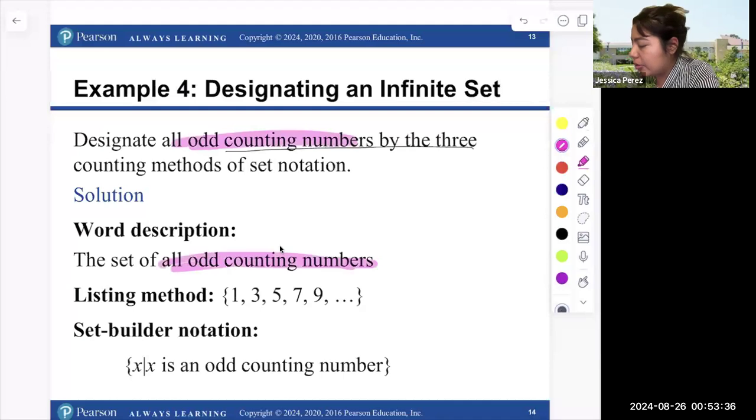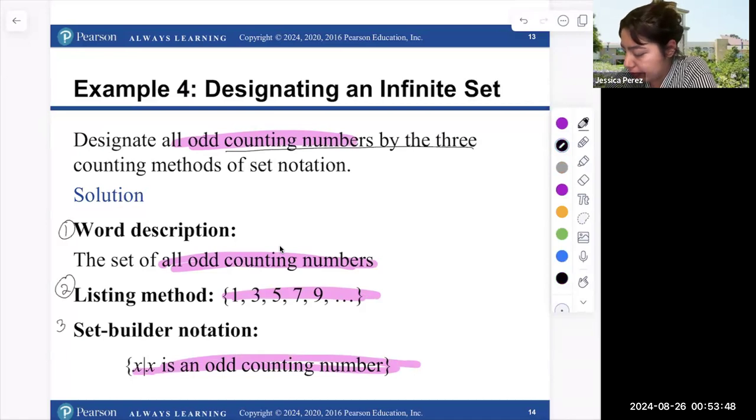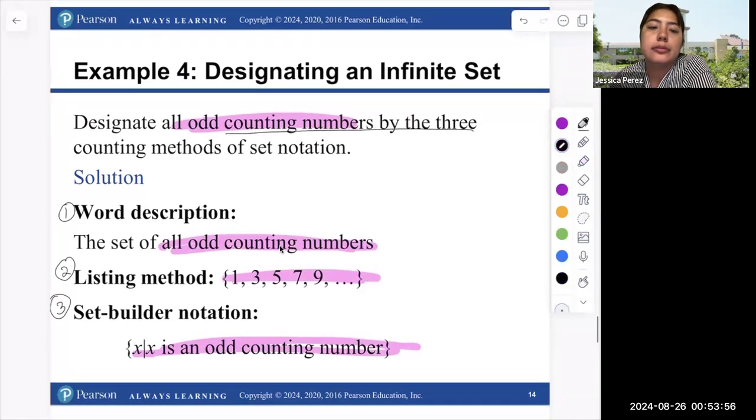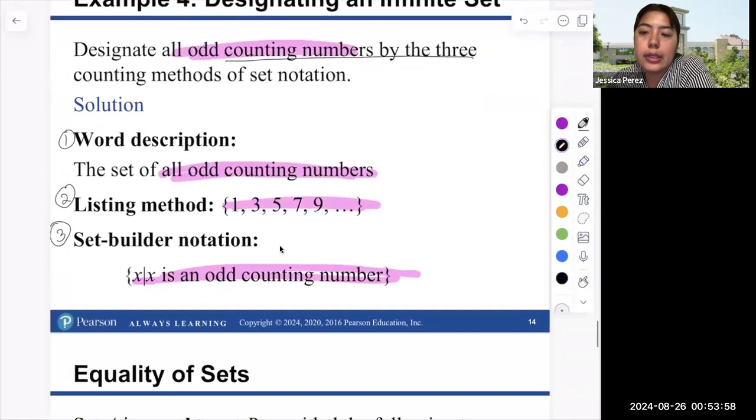So pretty much using an example, we were able to write our solution in 3 different ways: a word description, a list, and set builder.